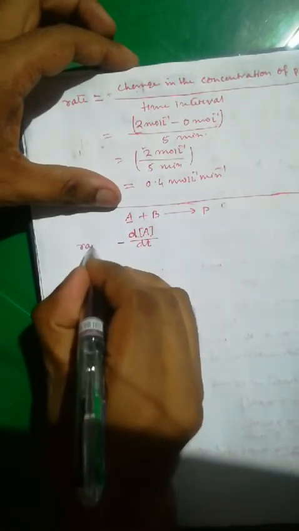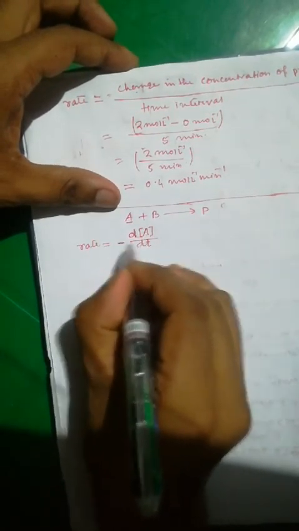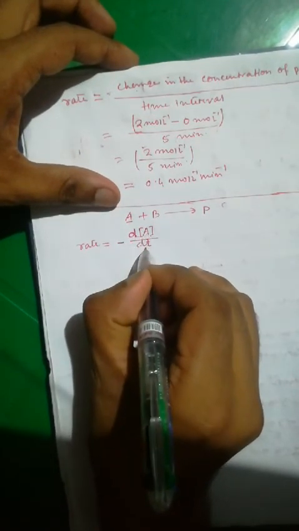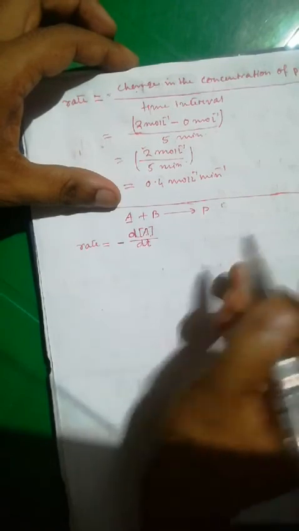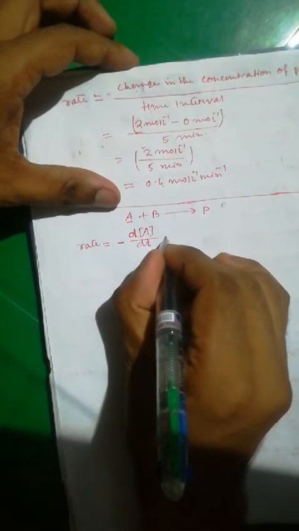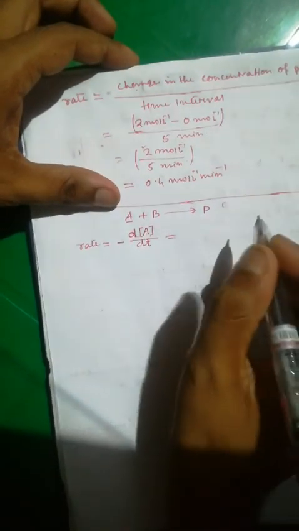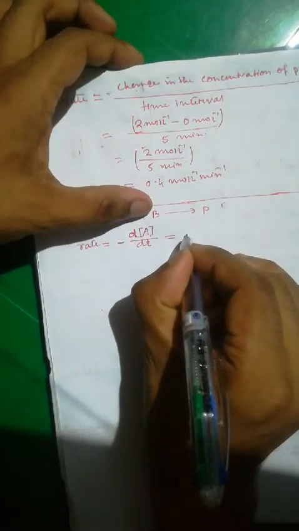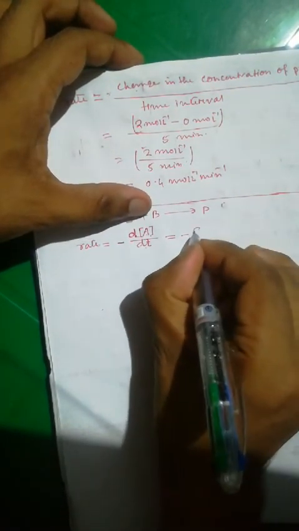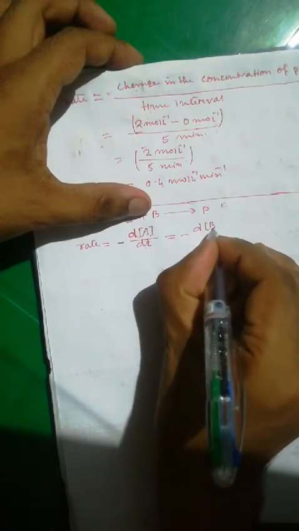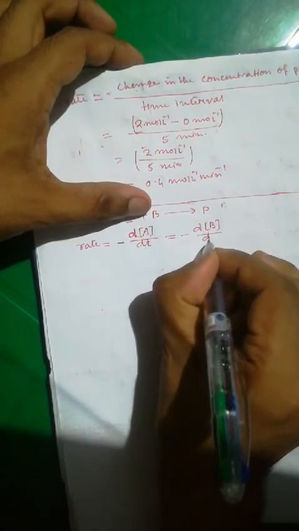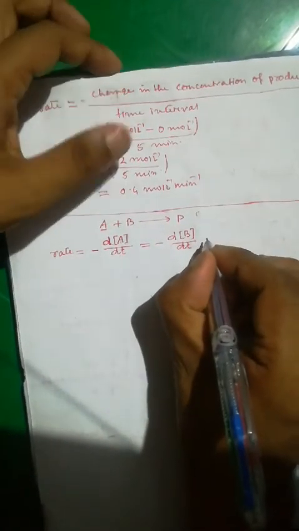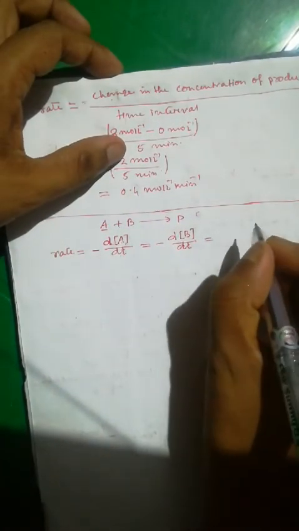So this is rate equal to minus d[A] by dt, that is minus change in the concentration of A with the time interval dt. We will have to put an equal sign here. Then again in terms of B, again B is a reactant, negative sign, d[B] by dt. All right. Again we have to put an equal sign here.